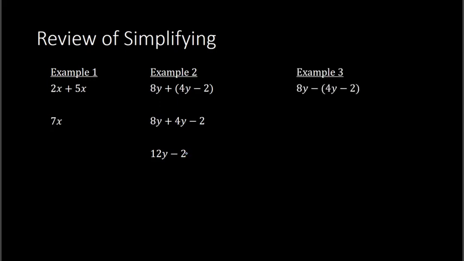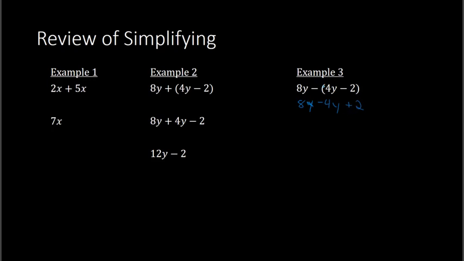Example 3, we have 8y minus (4y minus 2). So we're subtracting both things that are in here. So we're subtracting 4y, so we have 8y minus 4y. And we're also subtracting a negative 2. So minus a negative 2 would be a plus 2. So I have 8y minus 4y plus 2.